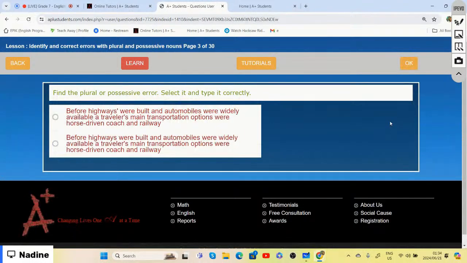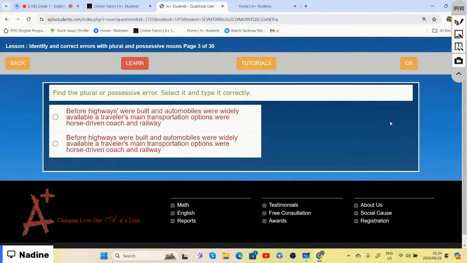All right, so we need to find the plural or possessive error. So do we say before highways were built and automobiles were widely available, a traveler's main transportation option were horse-driven coach and railway?